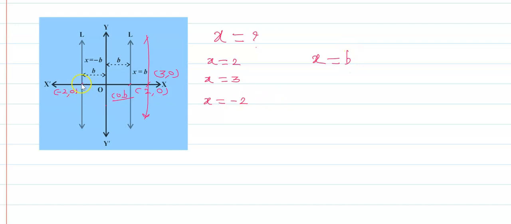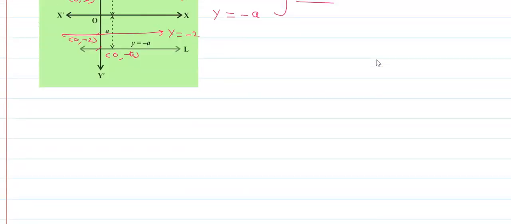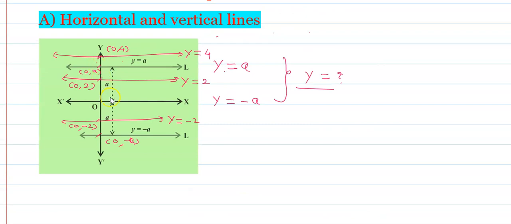Here it intersects at the point (minus b, 0), and therefore its equation is x equals minus b. Then what you have to remember: whenever a line is parallel to the y-axis, its equation is x equals. Whenever a line is parallel to the x-axis, its equation is y equals. This you have to remember. These are the horizontal and vertical lines which are parallel to the coordinate axes.